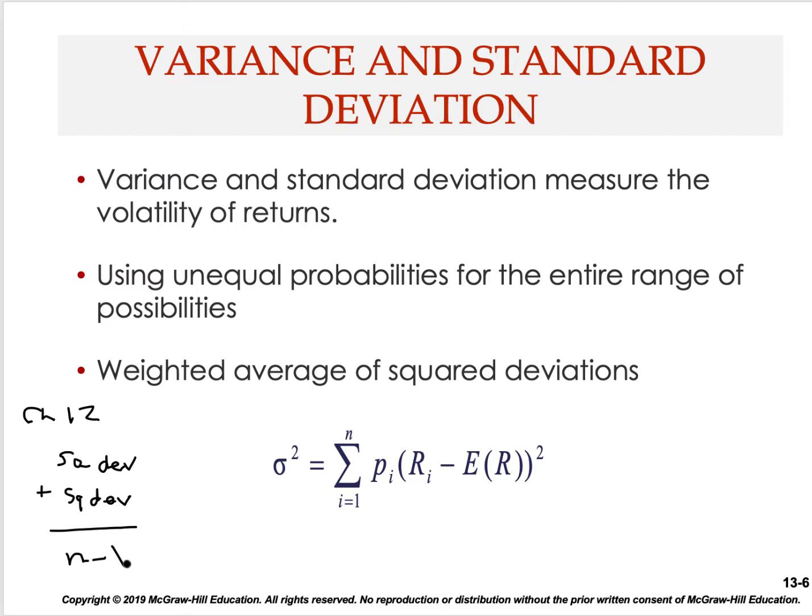We'll work on plugging and chugging the numbers. But for right now, the main takeaway is recognizing that, just like in chapter 12, variance and standard deviation measure the volatility of the returns. Well, volatility is really just another word for risk. So variance and standard deviation really measure the risk of the returns, okay?